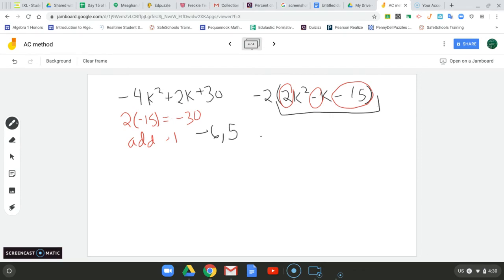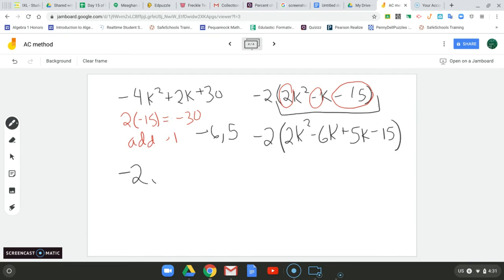So if we factor this, our negative 2 stays there. And then inside here, what we're going to have is 2k squared minus 6k plus 5k, and then we have to have minus 15. So when we factor this now, we're going to have, again, negative 2 outside.